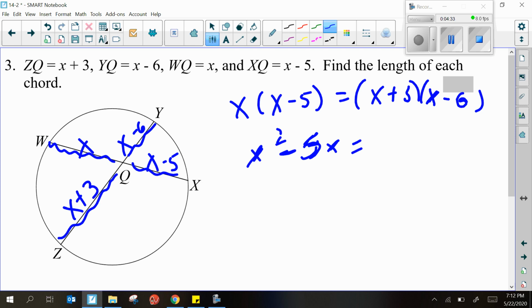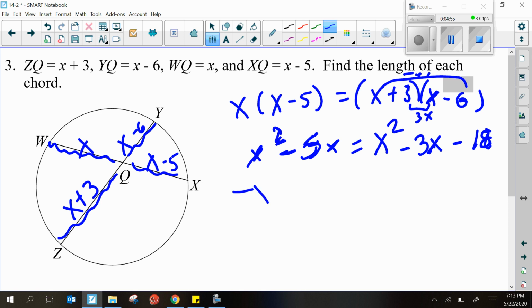Notice on the right here, I'm going to have to FOIL or double distribute. So I get x squared, and then this gives me 3x. And up here, I get negative 6x. So that's negative 3x minus 18. So at first, I think I have a quadratic that I might have to factor, but notice if I take away x squared from both sides, my x squareds are gone.